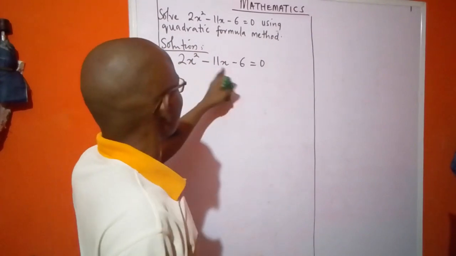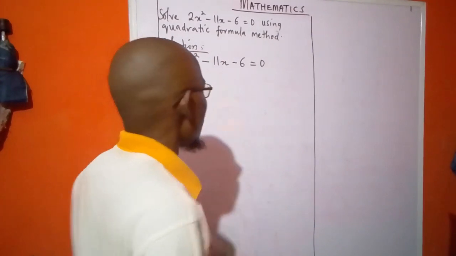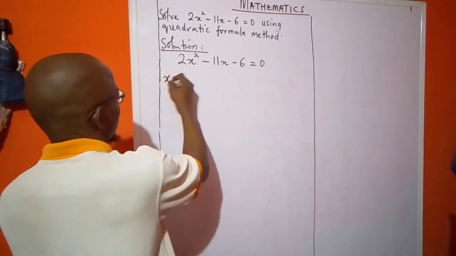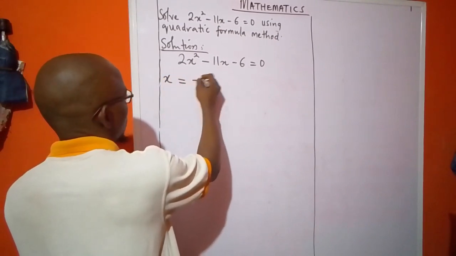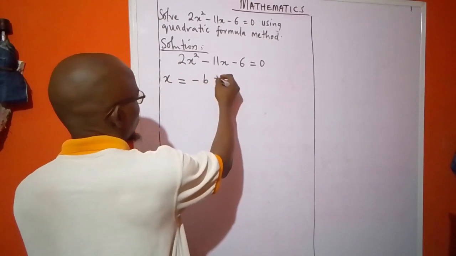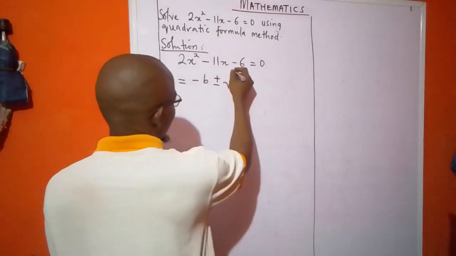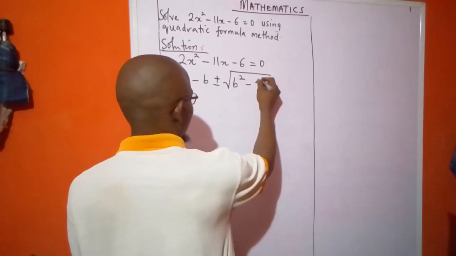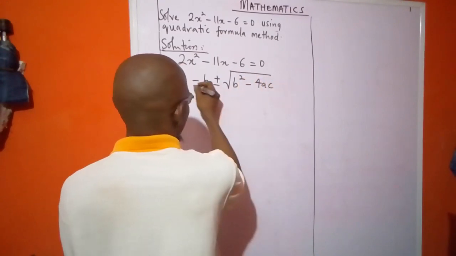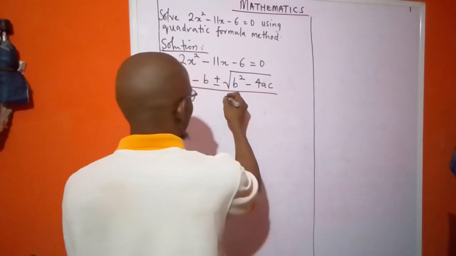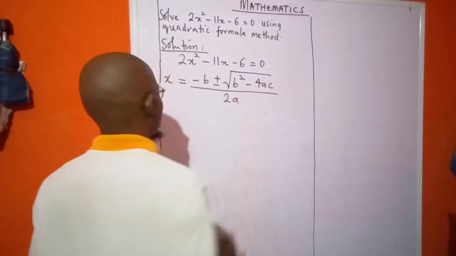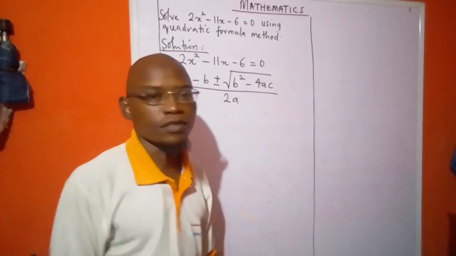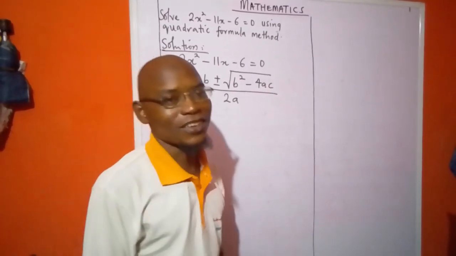Since the variable we have here is x, the quadratic formula is x equals minus b plus or minus the square root of b squared minus 4ac, all divided by 2a. So this is what the quadratic formula is telling us.